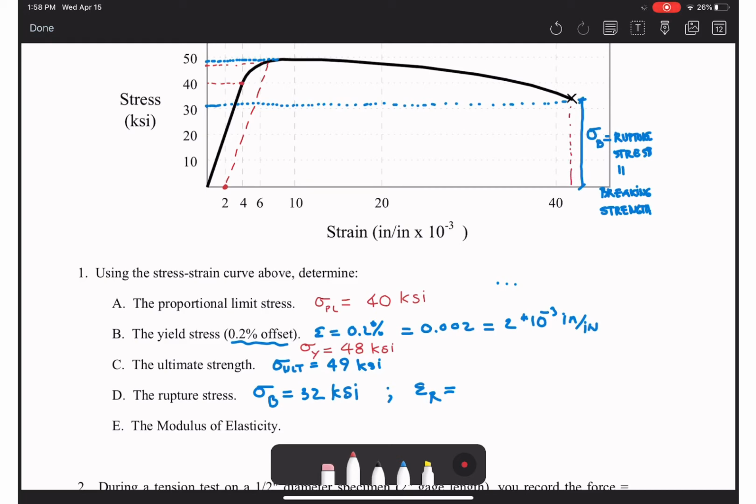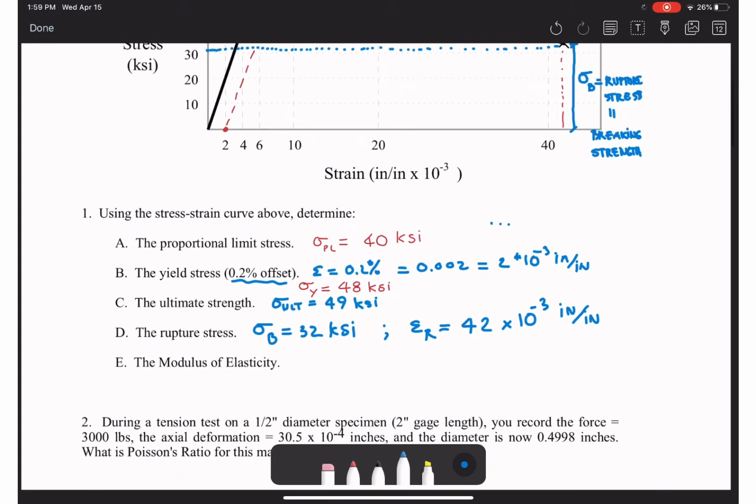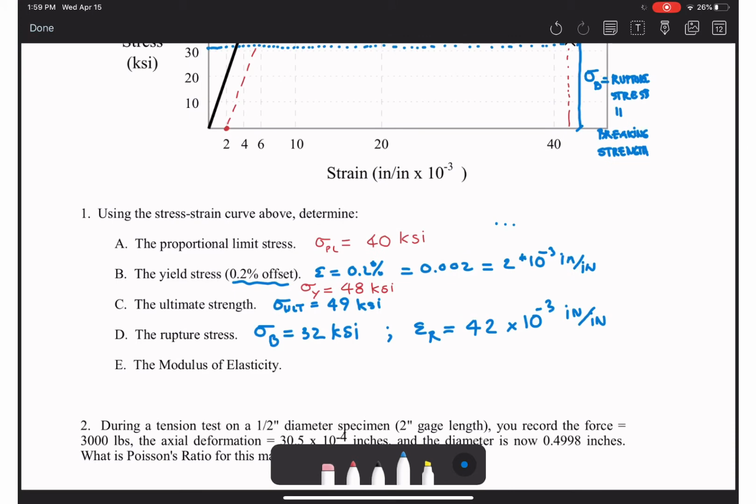You can see 20, 40, so about 42, and the unit in this case, as you can see, times 10 power negative 3, and the unit is inch over inch. But keep in mind, the question asks for rupture stress, so it's sigma b, not epsilon r. If they ask, you can do that.